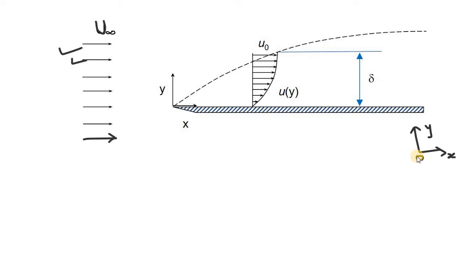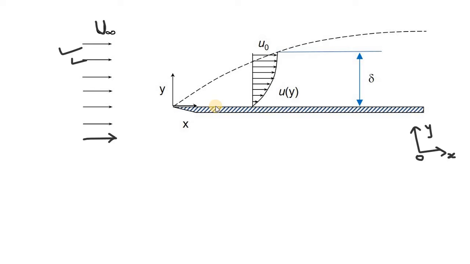Okay, coordinate system. Because this semi-infinite plate is kept in a free stream moving with velocity u infinity, when the free stream encounters the leading edge of the flat surface, because the flat surface is assumed to have zero velocity, or it is kept at rest, the fluid that comes in contact with this flat surface will have a relatively zero velocity.